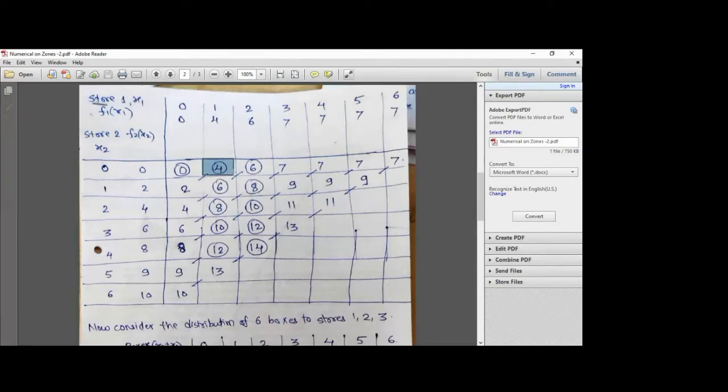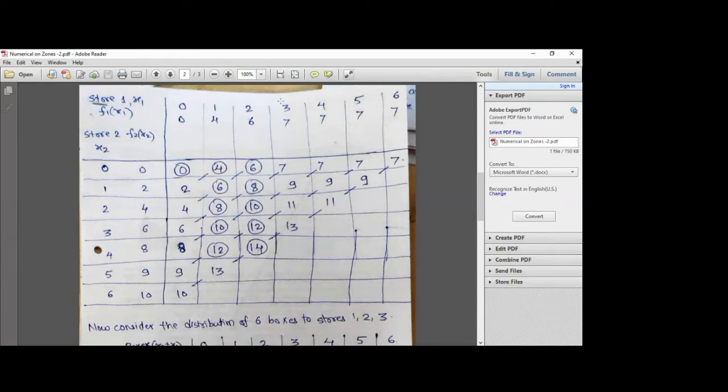It is 4. Similarly, for two crates to be split for store 1 and store 2, there are three combinations of 0 plus 2, 1 plus 1, and 2 plus 0. So the maximum amongst them is 6, and I have highlighted 6 here, right?